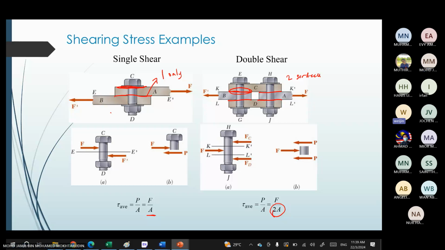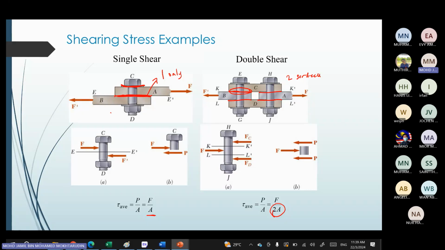Sini tak ada shear force ke? Ada, tapi itu calculation dia lain. Yang kita nak kira ni yang kat sini. Ni nanti calculation dia is based on the area of the nut lah, of the circle. But now we are focusing on this. Okay.